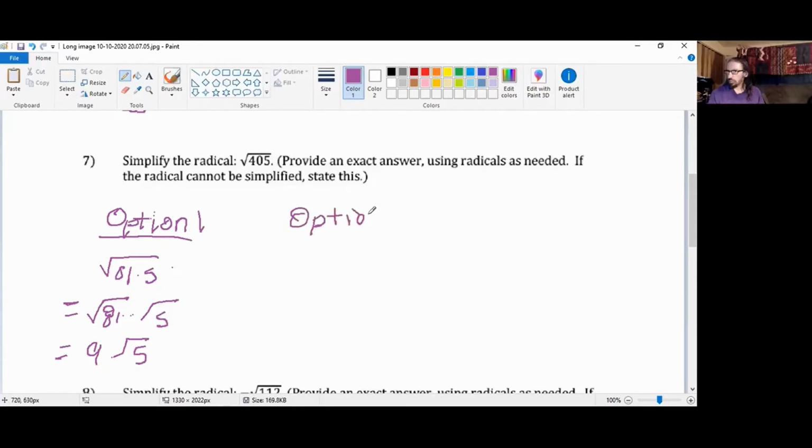we could do a prime factorization. The smallest prime that'll go into 405 is 3.